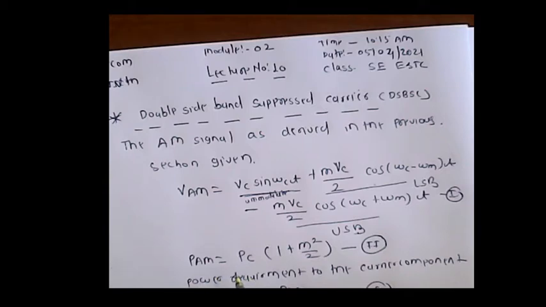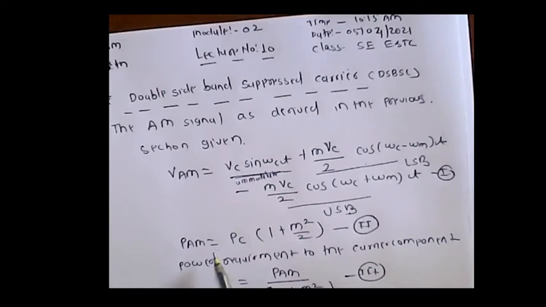The relation can be given by power of amplitude modulation equal to power of carrier times bracket 1 plus m square divided by 2 bracket complete. So m is the modulation index.